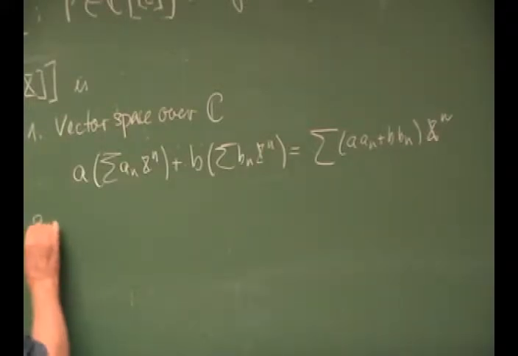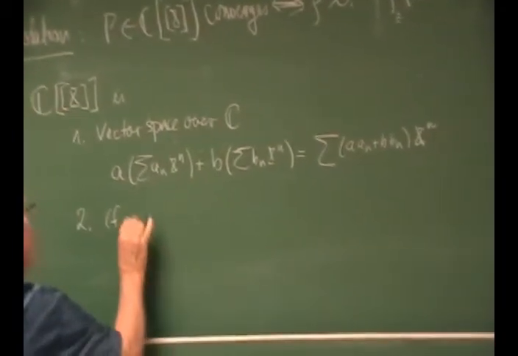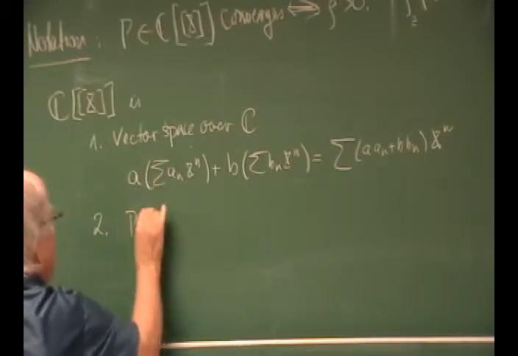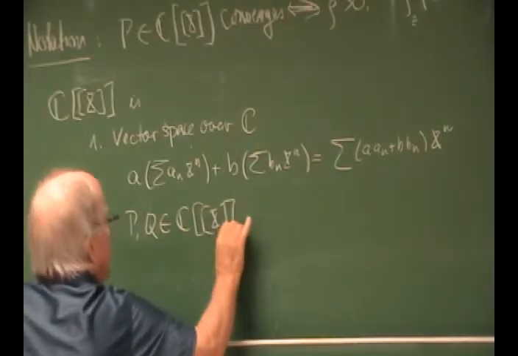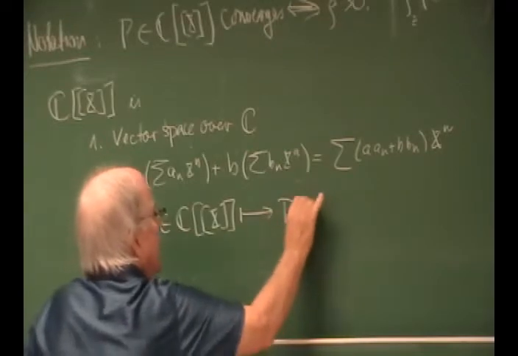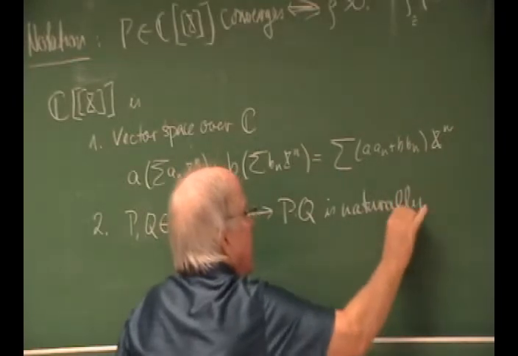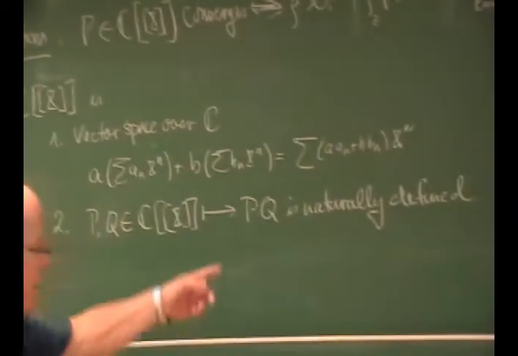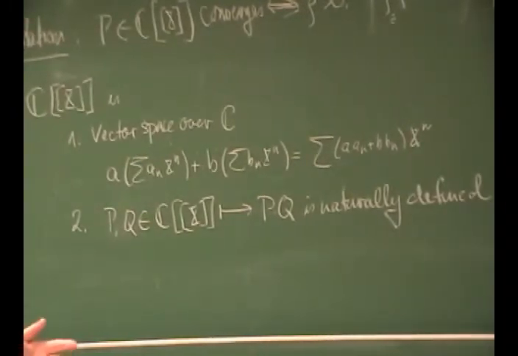Second of all, the multiplication. Let's call the two elements P and Q. You have 2 of these formal power series, and this mapping is naturally defined. The word naturally is not a very good word. I just mean intuitively, inside our classroom here, that anybody who would think of this would think of the right definition.